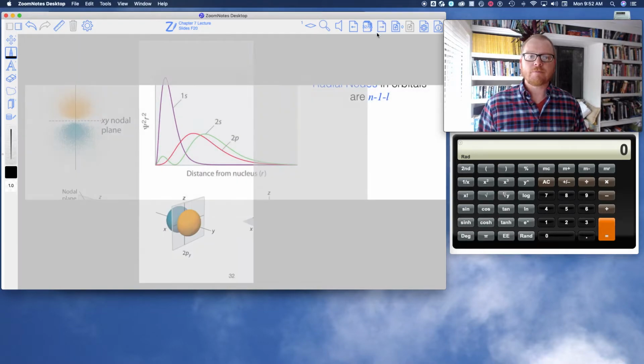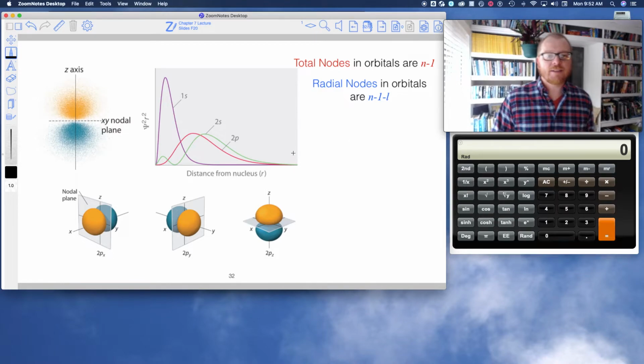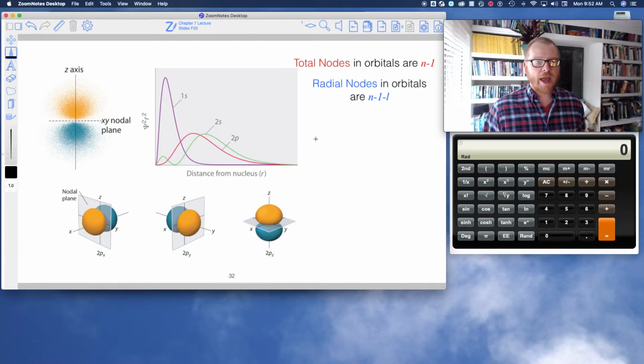If we look at the radial profiles of the p orbitals, here's where we're going to start to see some interesting stuff. We noted that the nodal plane is part of that angular node that I was talking about. It's part of that excluded area from the two lobes.